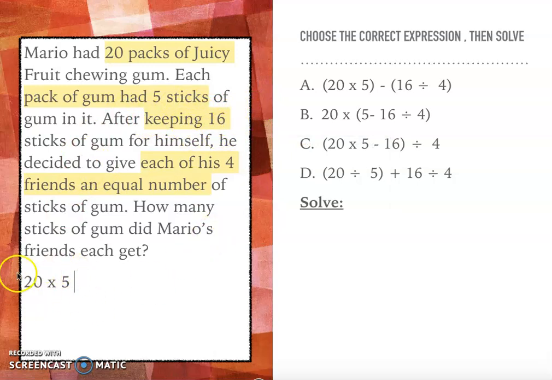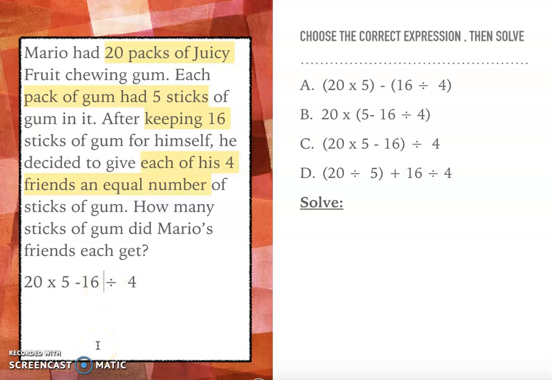So to this 100 pieces or sticks of gum, we're going to subtract 16. And once I solve this, I'm going to share equal numbers of sticks of gum with 4 of my friends. So that tells me, guys, since I am creating equal groups, I need to divide by 4.